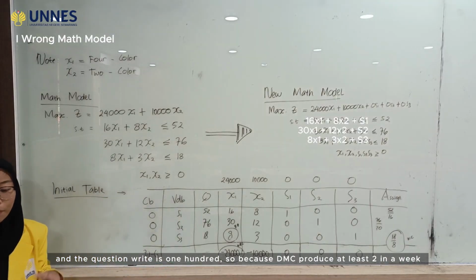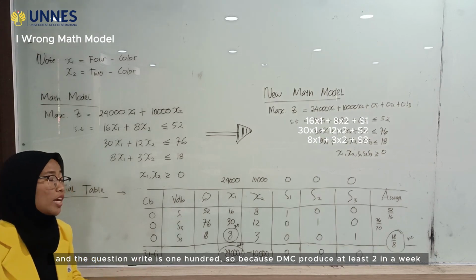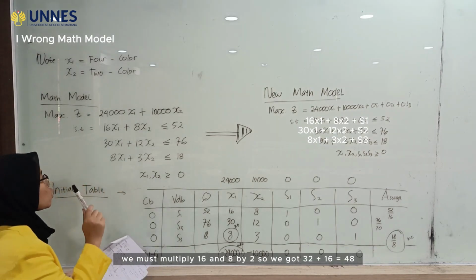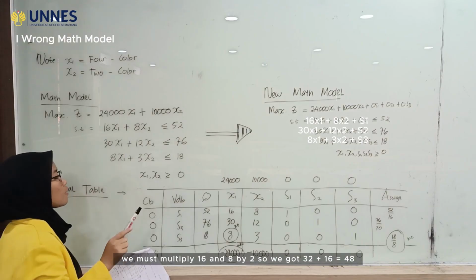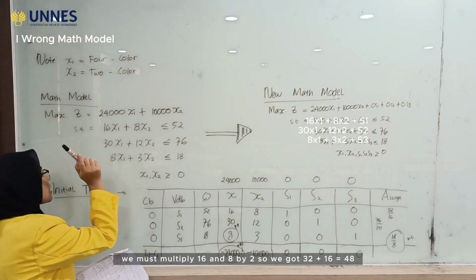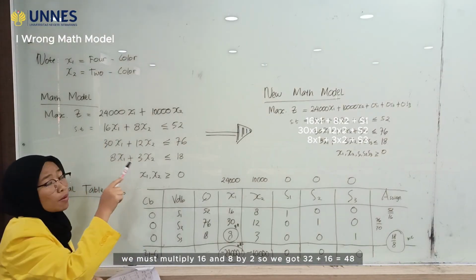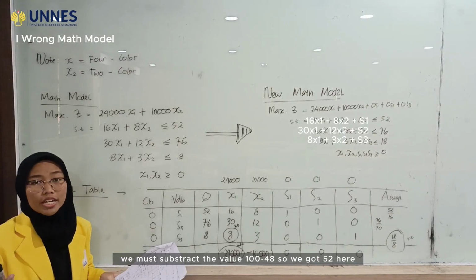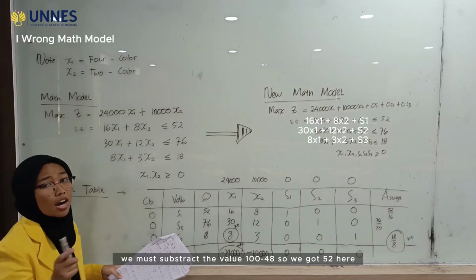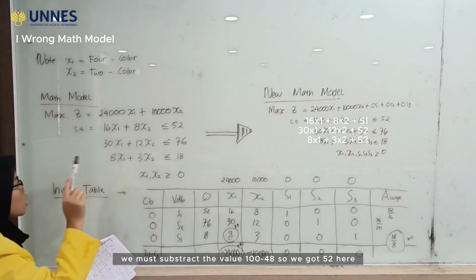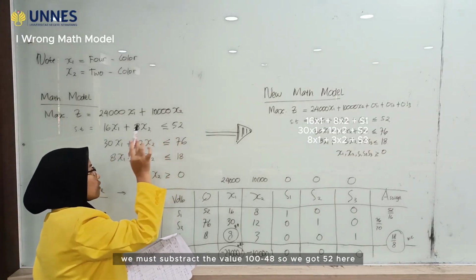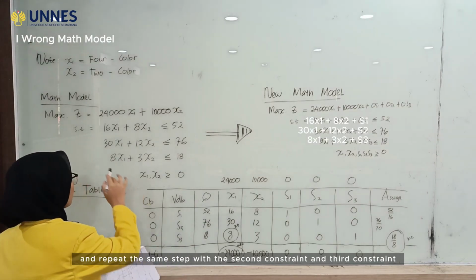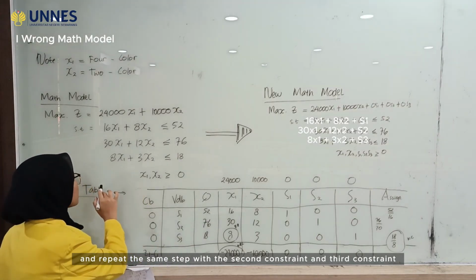Because the machine must produce at least 2 in a week, we must multiply 16 and 8 by 2. So we got 16 times 2 plus 8 times 2 equal to 48. Then we subtract this value from 100, so we got 52 here. Then we repeat the same step with the second and third constraints.